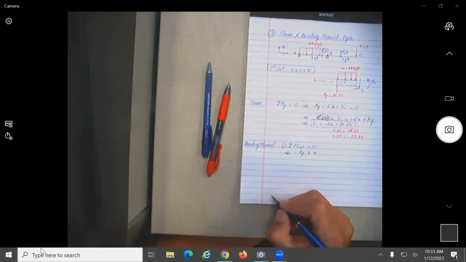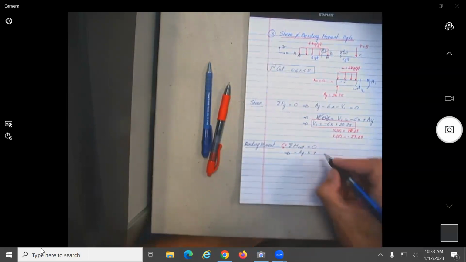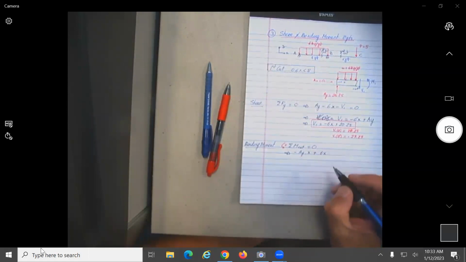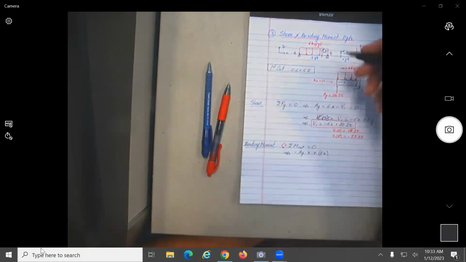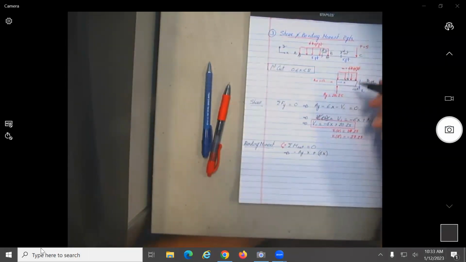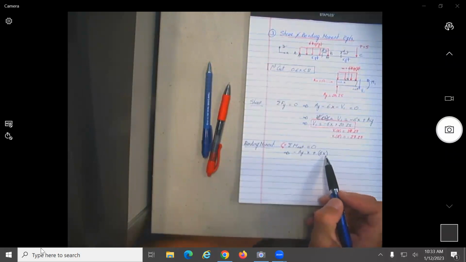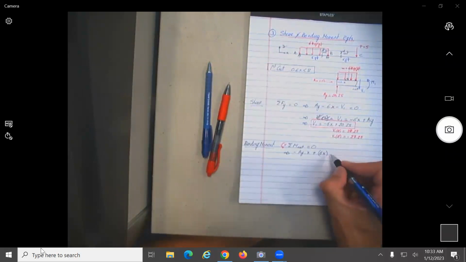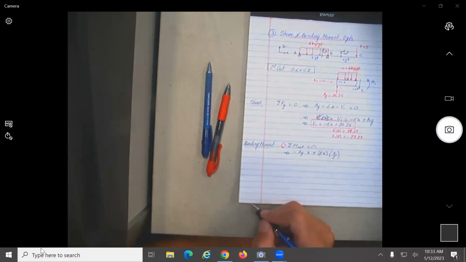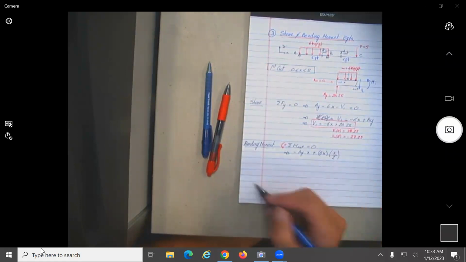What would be the magnitude of the force? The force is 6x, substituted in the middle like you did before. And what will be the location? X over 2. Again, this should not be new.